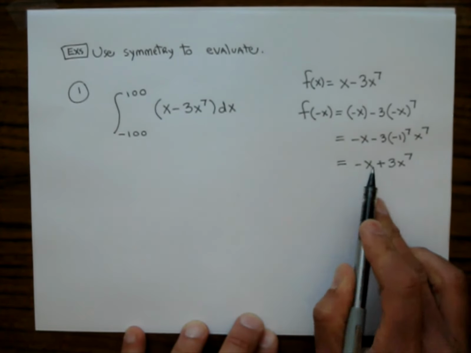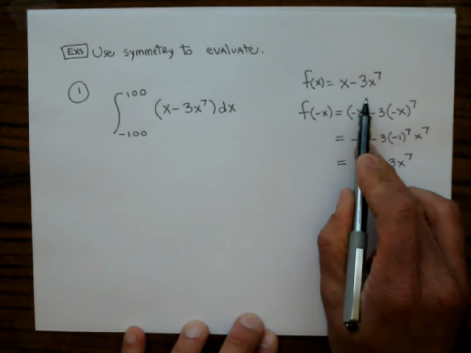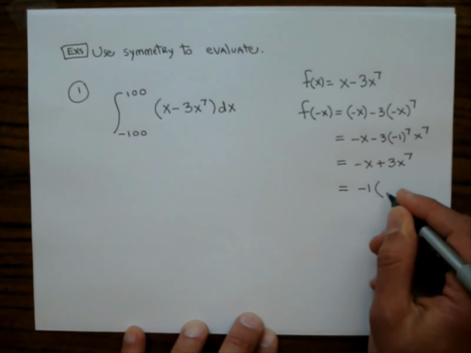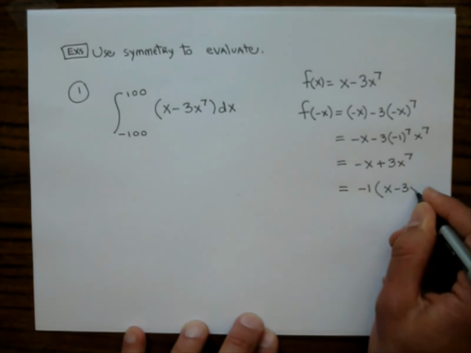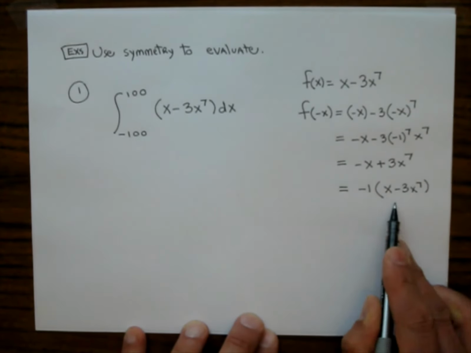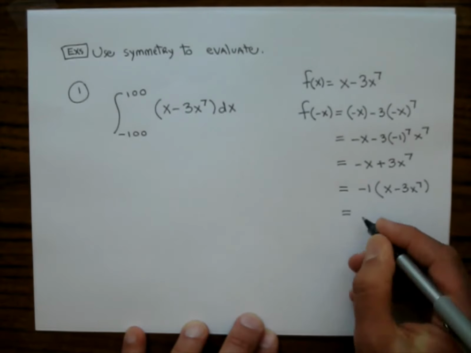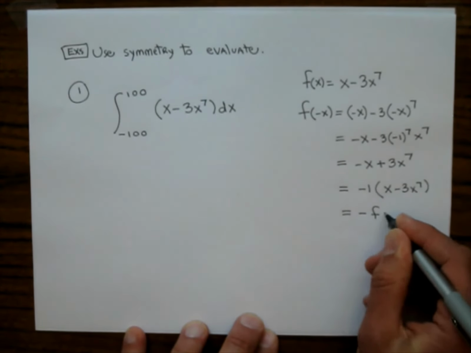And does that look like our original function? No, it seems to be off by a negative. I'm going to factor a negative 1 out, and there's our original function here. So we have just put negative x into the function and got negative f of x.